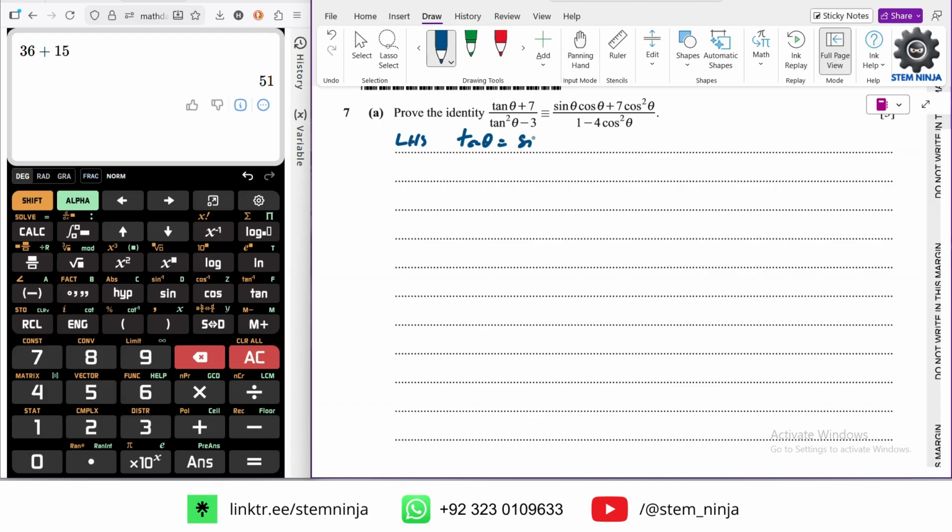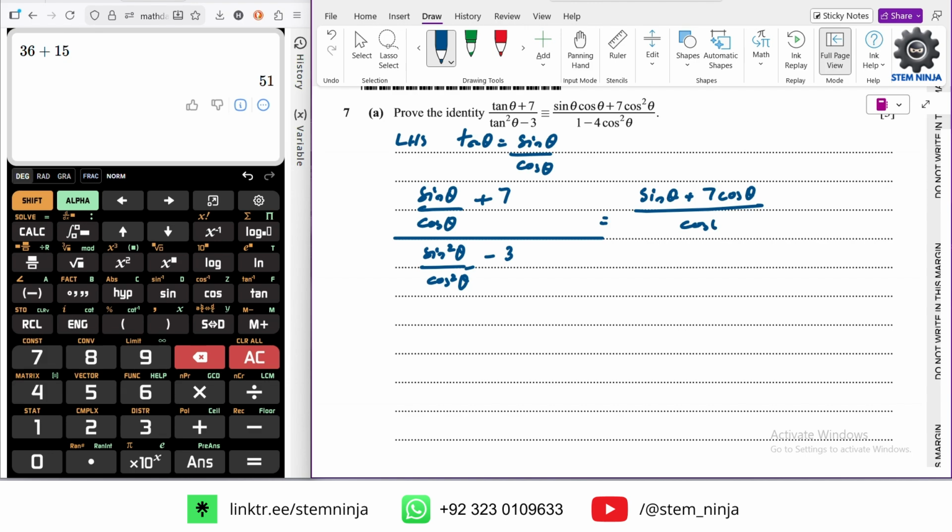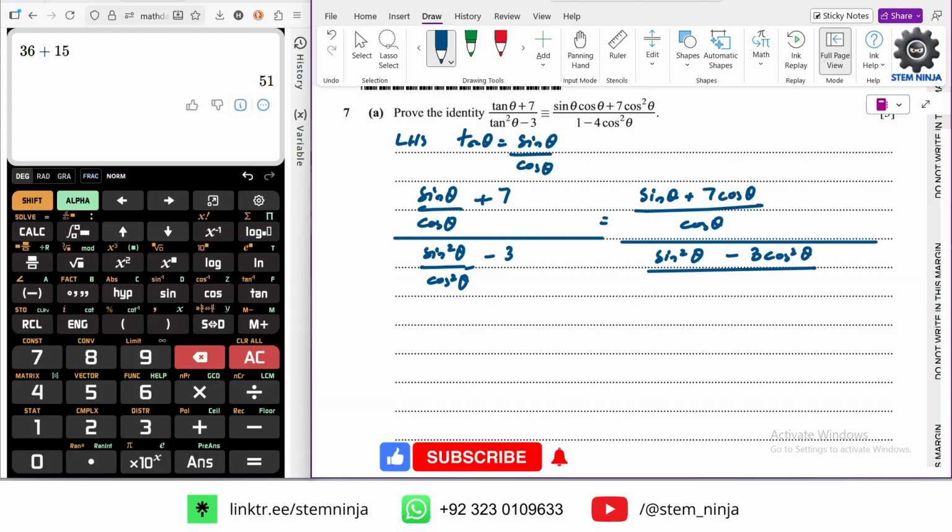Since tan theta is equal to sin theta over cos theta, this would become sin theta over cos theta plus 7, divided by sin squared theta over cos squared theta minus 3, which simplifies to sin theta plus 7 cos theta over cos theta, divided by sin squared theta minus 3 cos squared theta divided by cos squared.